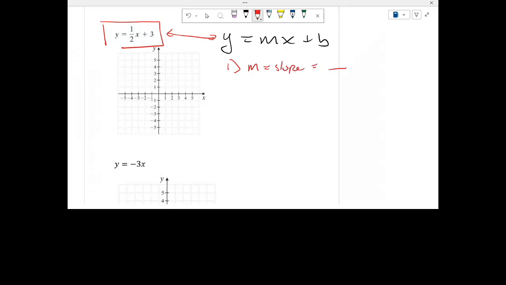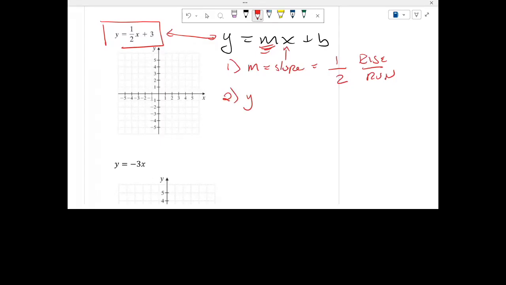Remember, y'all, m is the number that's in front of the x. So in this problem, our m, the number in front of the x, is 1 over 2. Because it's a positive 1 over 2, y'all, this is going to be the rise over the run, right?